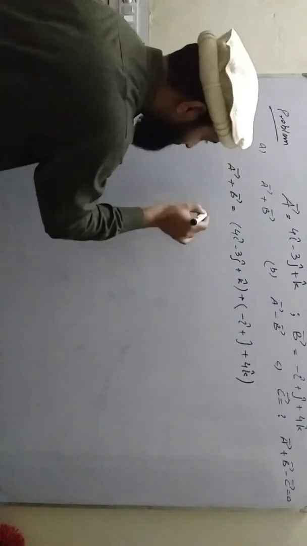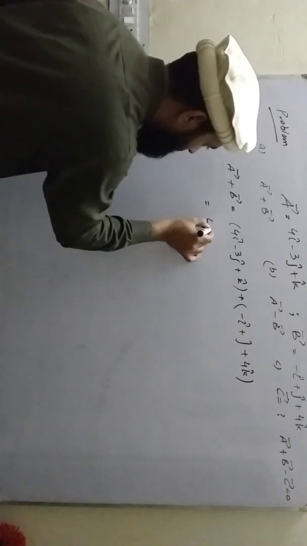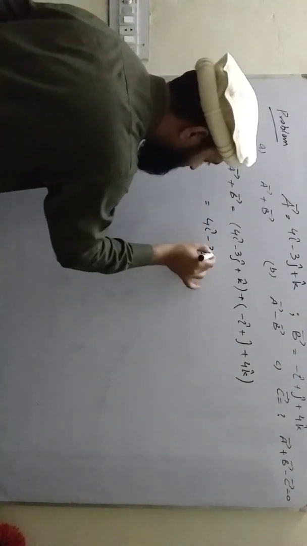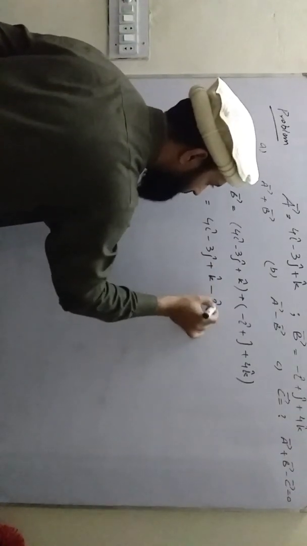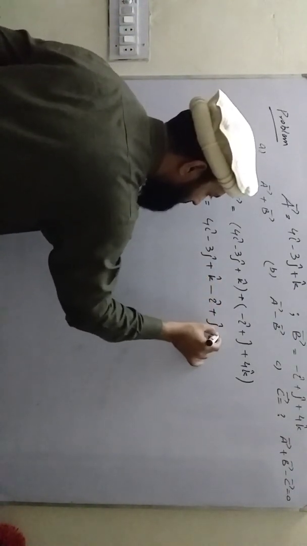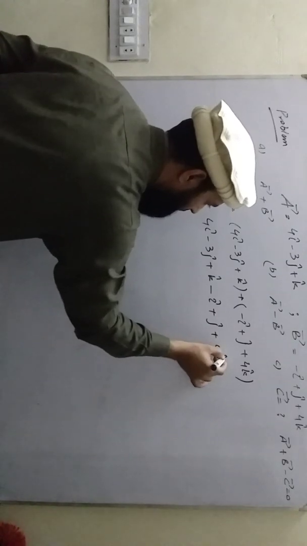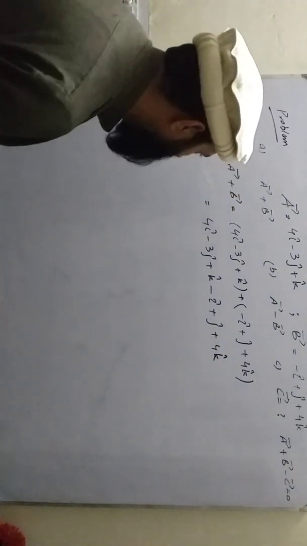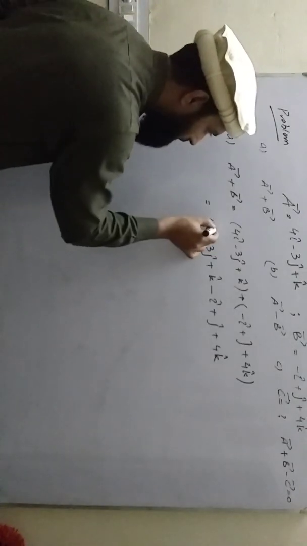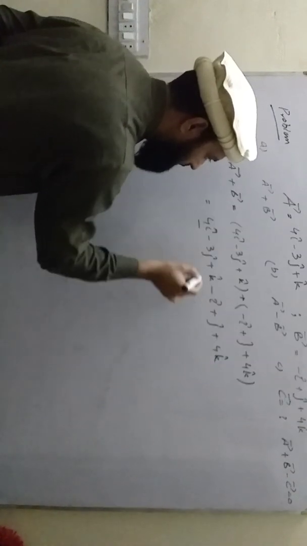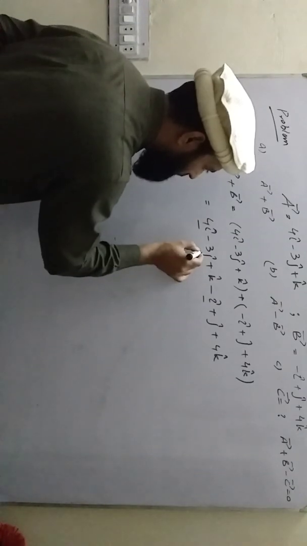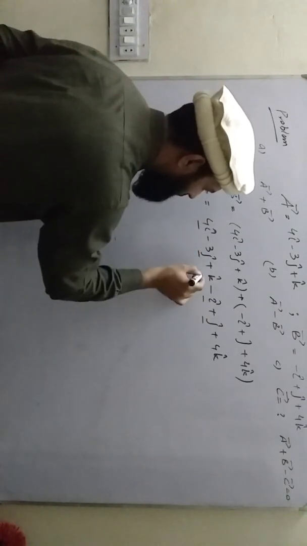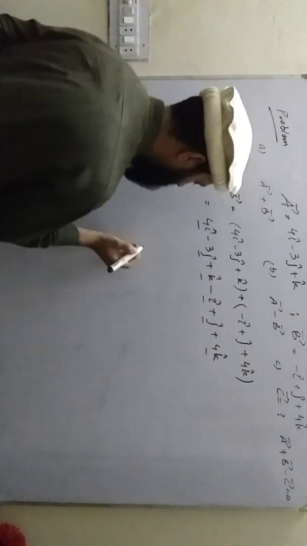Open the brackets: 4i minus 3j plus k plus minus i plus j plus 4k. Here there are two terms of i, two terms of j and two terms of k.